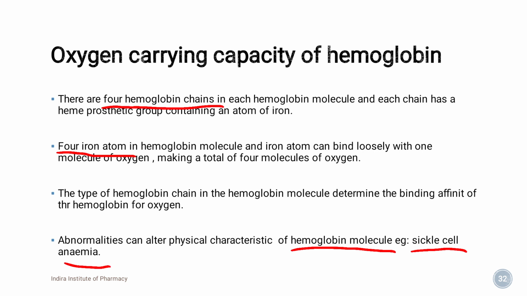We'll be studying sickle cell anemia when we cover the anemia portion. In sickle cell anemia, the amino acid valine is substituted for glutamic acid at one point in each of the 2 beta chains.